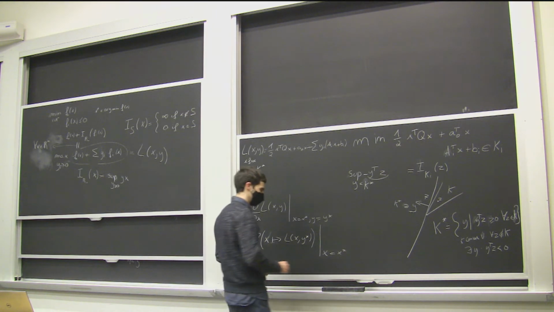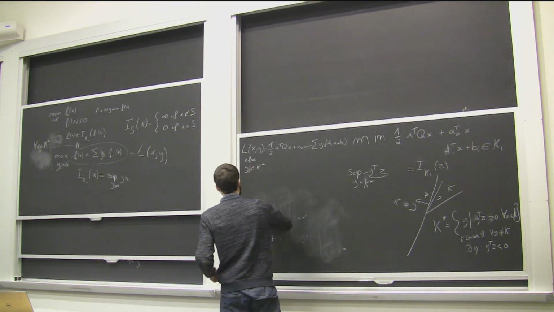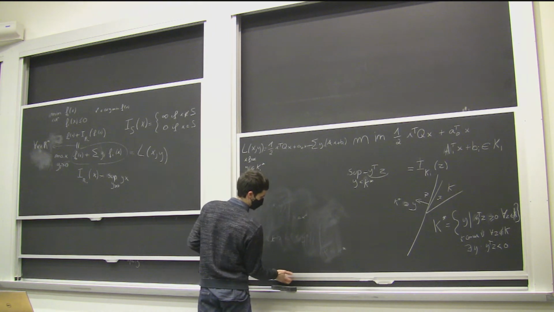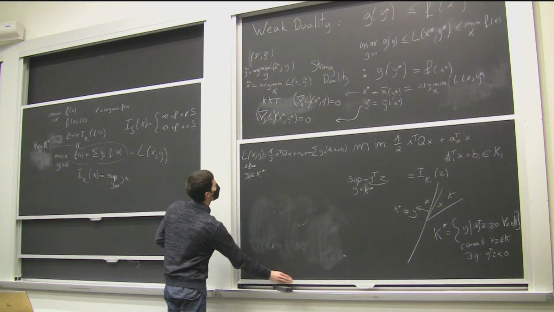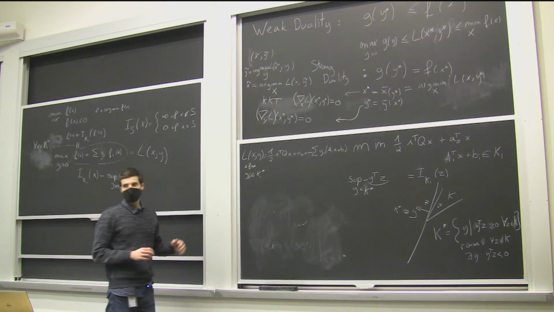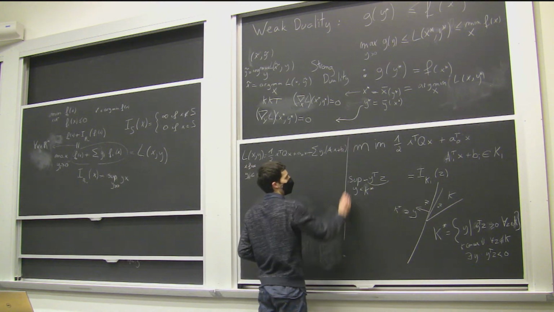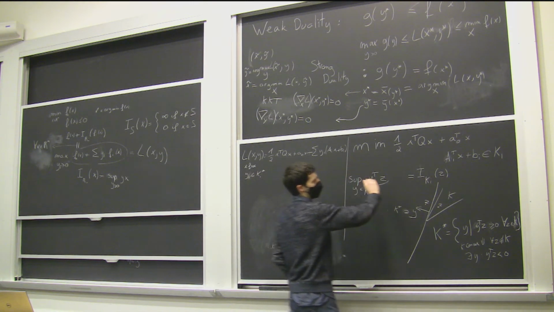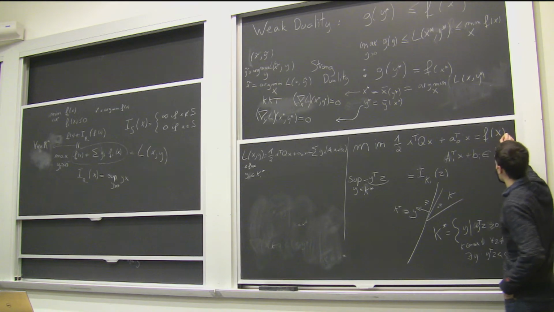All right, so now we have the primal program. This minimum is what we call f of x.